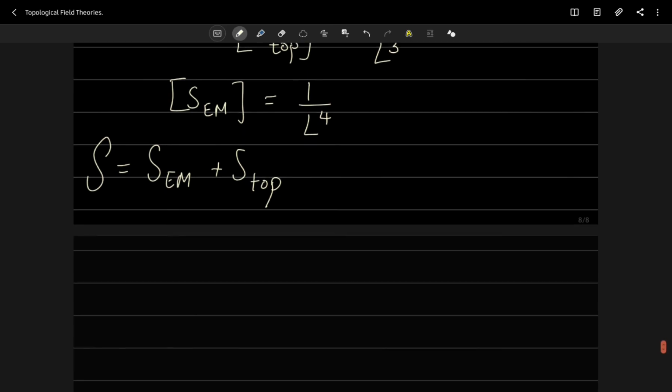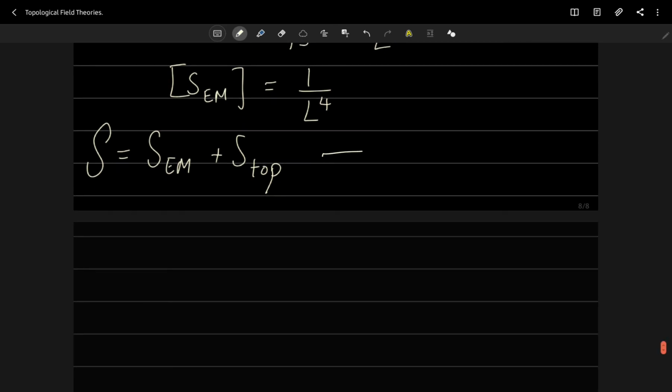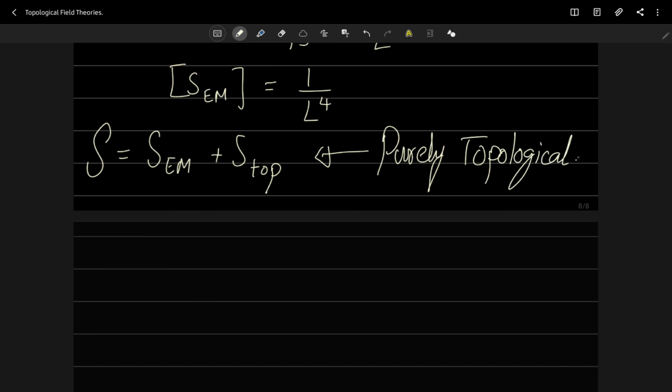And what that means is that this theory in 2+1 dimensions is purely topological. So again, you have to remember that this is purely topological in 2+1 dimensions.